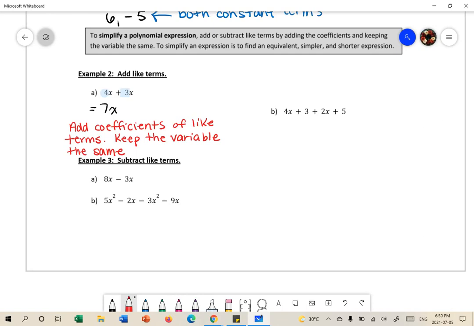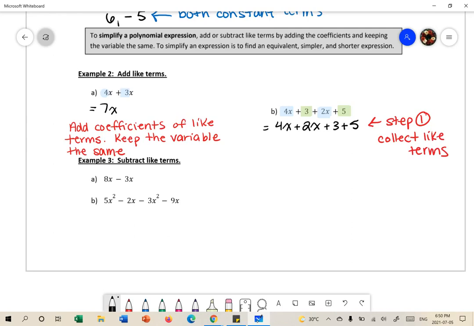In B, the first thing I'm going to do is collect like terms. I want my x terms to be beside each other, and I want my constants to be beside each other. So I'm going to rewrite my 4x and 2x to be beside each other, and then my 3 and my 5 to be beside each other. And then in my next line, I'm going to simplify my like terms.